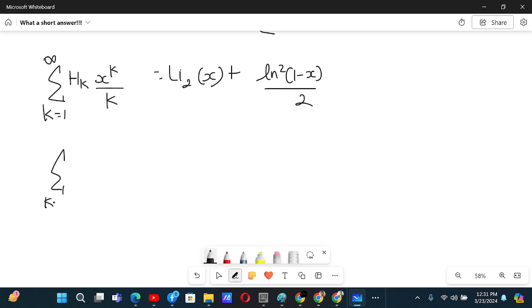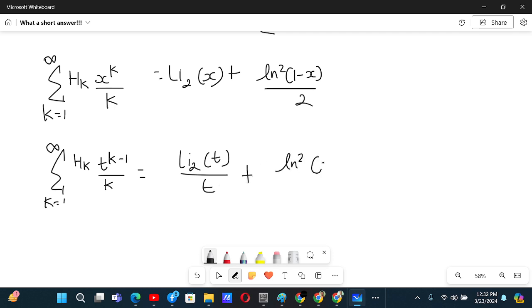Sum from k equals 1 to infinity h of k, if I divide by let's say t itself, t to the power k minus 1 by k, this is equal to Li2 of t by t, and then plus ln square 1 minus t by 2t, isn't it? Yeah. And now let's try to integrate this from 0 to x again, with dx.